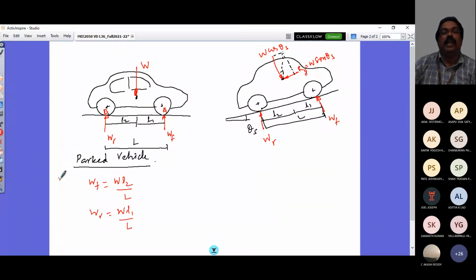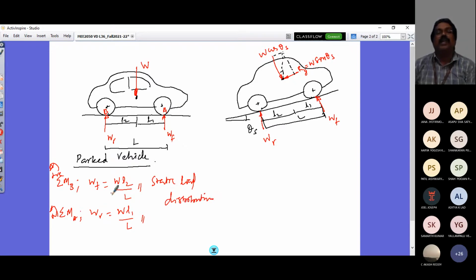By simply taking moment about point B, considering counterclockwise moment positive, I would be able to get this, and taking moment about point A, I'd be able to get this. So this is what is called static load distribution.